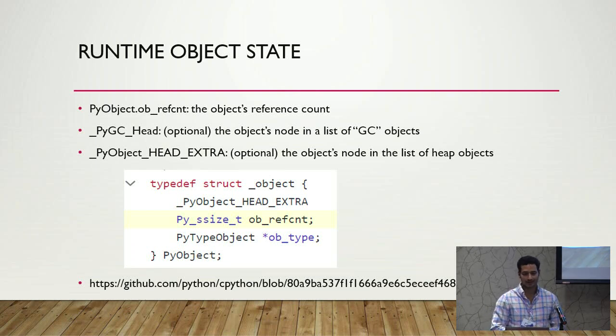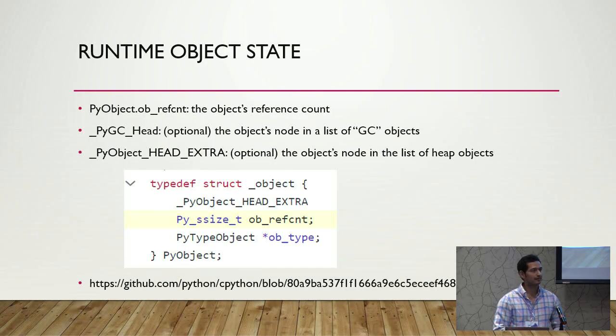So object ref count is a part of the memory allocated for every object. Even if the object is immutable, there is a part of the object itself, isn't it? And reference count is dynamic.